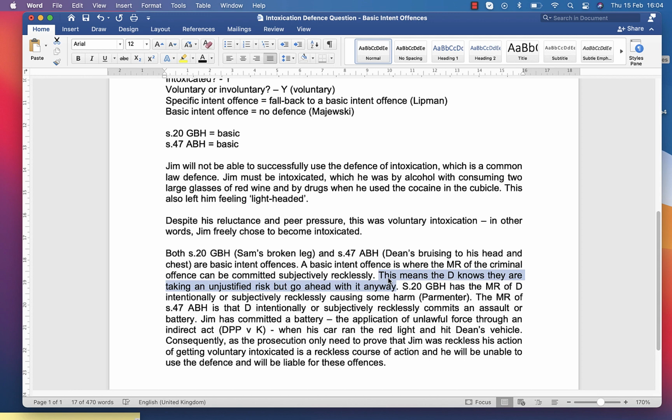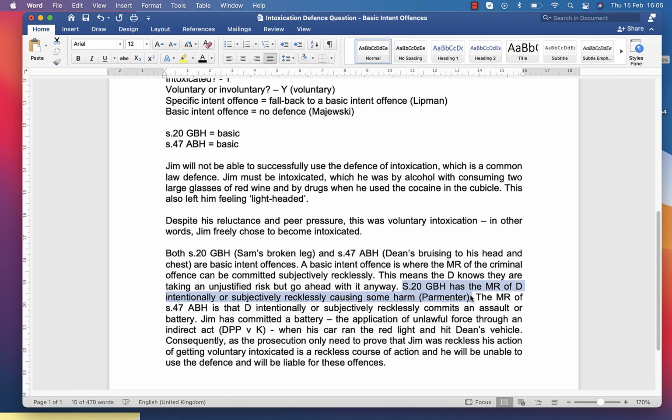Now what I need to do is to make it clear to the examiner that both section 20 and section 47 are indeed basic. So I've put here, section 20 has the mens rea of the defendant intentionally or subjectively recklessly causing some harm. I'm only going to bracket my cases. I don't really need to explain them any further.